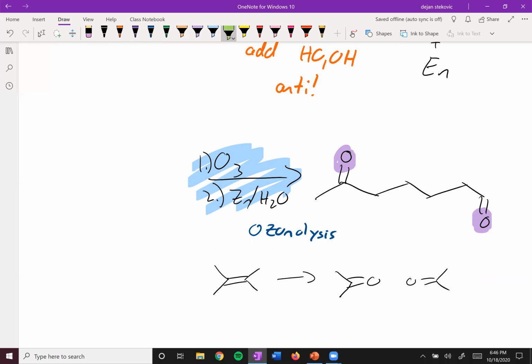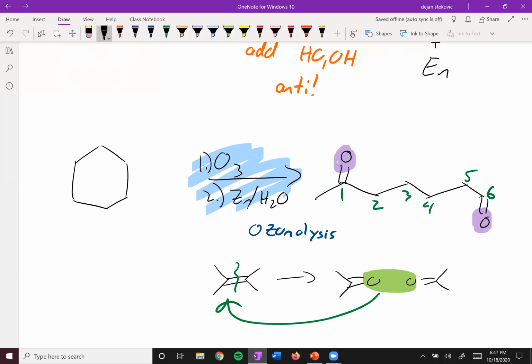And so, right, we're splitting this double bond right here. And so if we do the reverse, we're going to basically combine these things, right? And so if we count out the number of carbons, 1, 2, 3, 4, 5, 6, we can think about, okay, this is going to then come from a 6-membered ring with an alkene. And then, of course, there's this methyl group on the first carbon, right? So that's our substrate right there.